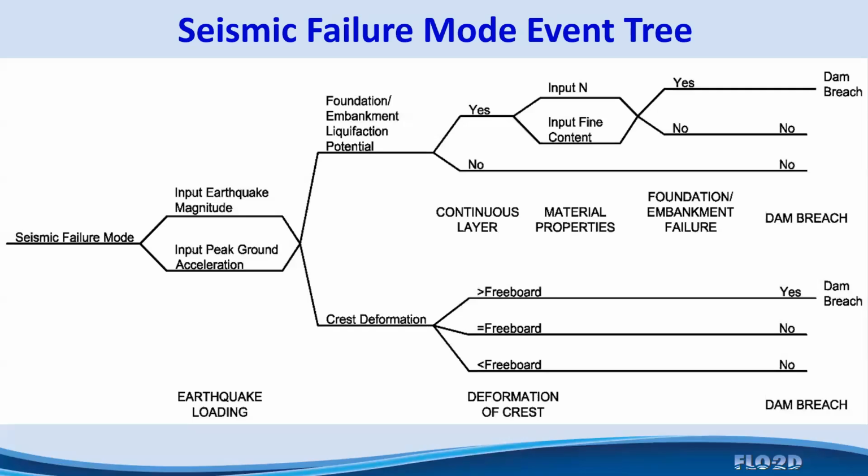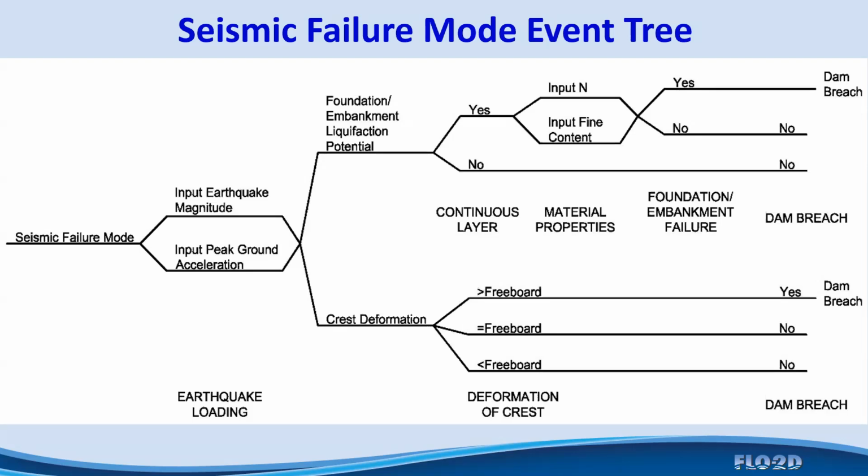The event tree that you see in my diagram takes into account different things like the earthquake loading, the deformation of the crest, and whether the foundation or the embankment has potential liquefaction or not. So we do several calculations in the background of the tailing dam tool to predict the probability of the failure.